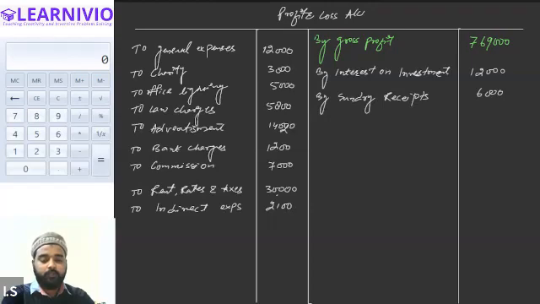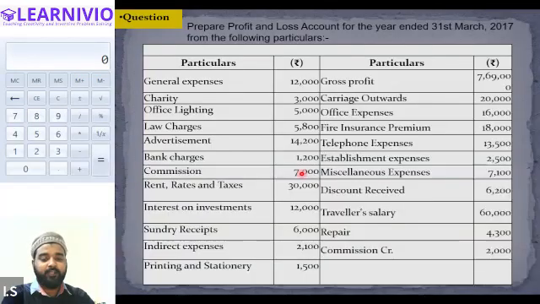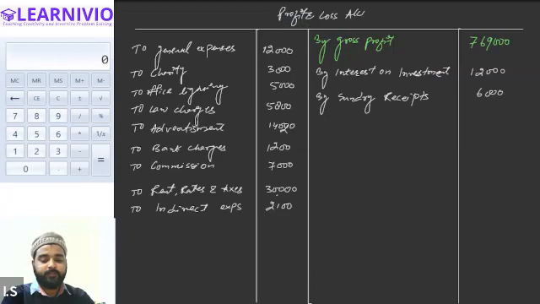All right. Next, printing and stationery. This is also an expense, office related expense. So to printing and stationery, the value was 1,500.